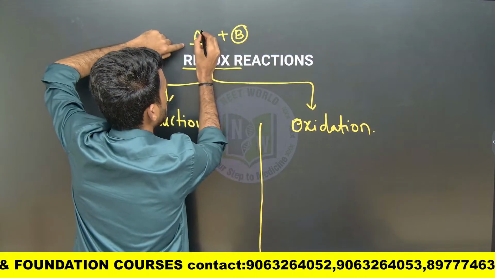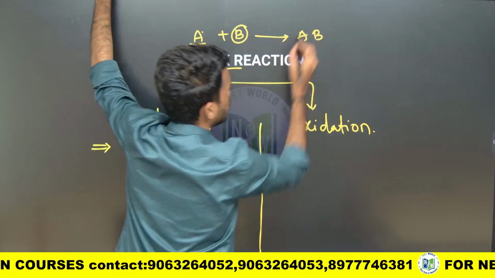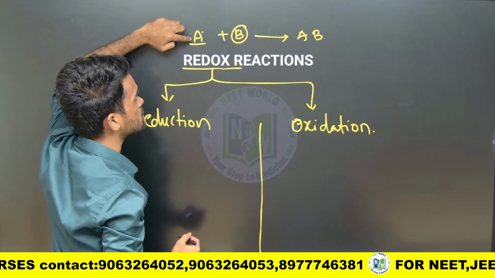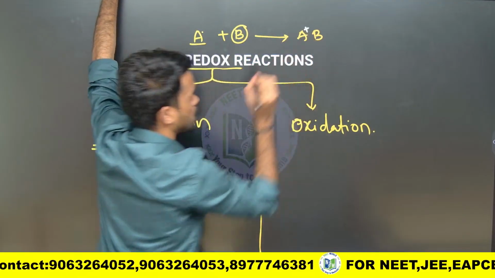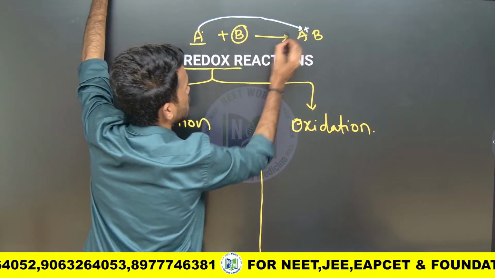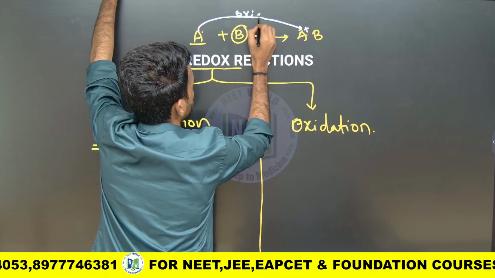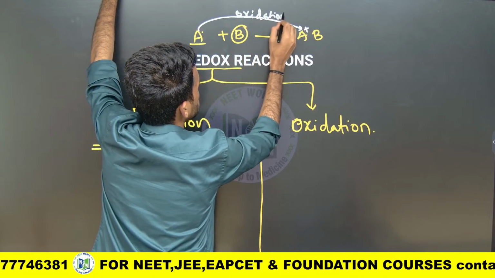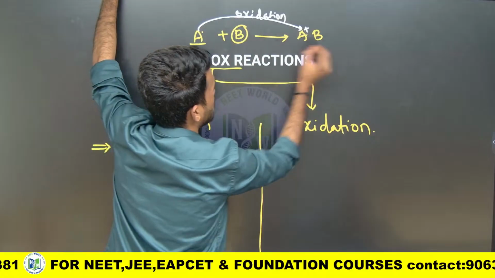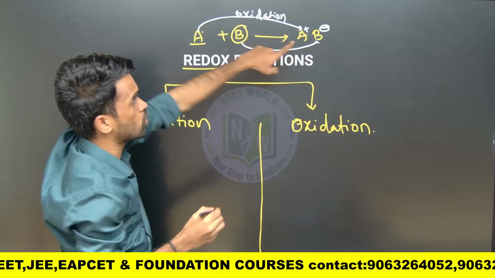Let us say A is losing one electron and B is gaining one electron, forming an AB type molecule. The species which lost the electron is now in a cationic charge state, so this species has undergone oxidation. The species which gained the electron, B becoming B minus, is undergoing reduction.